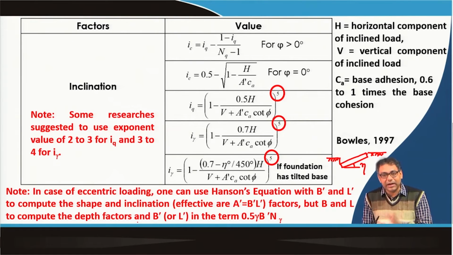Remember that this is also an advantage: if the loading direction is specifically mentioned, then you can use the Hansen equation, you can use the Vesic equation, and you can also use the Meyerhof equation, because if the vertical load and the horizontal load are given, you can calculate the resultant and the angle at which the load is acting with the vertical, and you can use the Meyerhof equation.